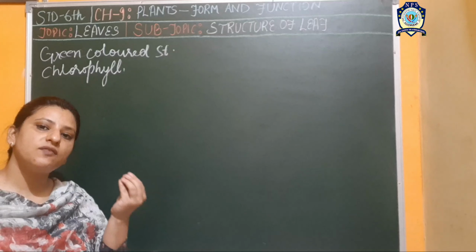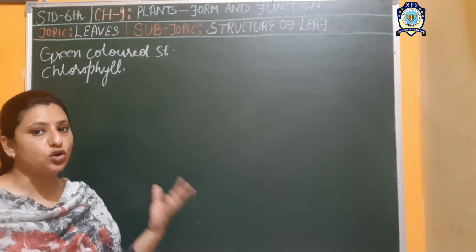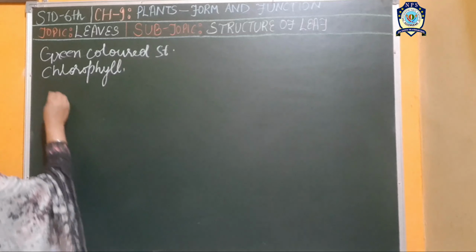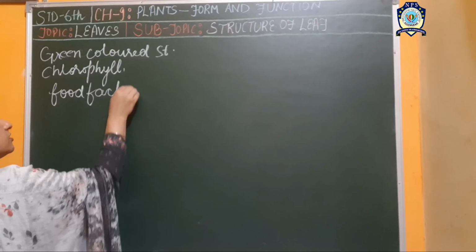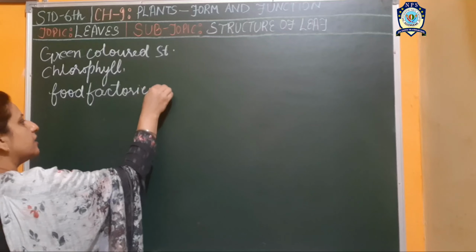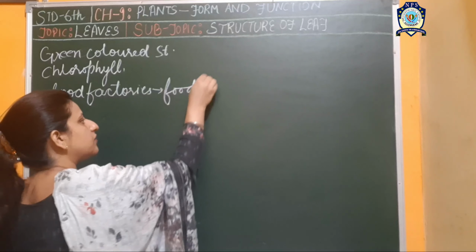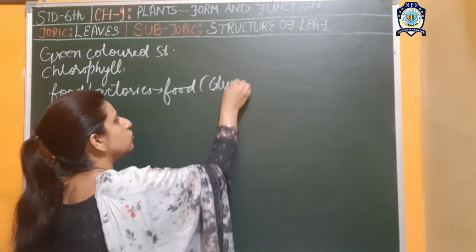Now the leaves are very important part because they are also called as the food factories. Why they are food factories? Because they are making the food. As we have discussed, they are making the glucose.